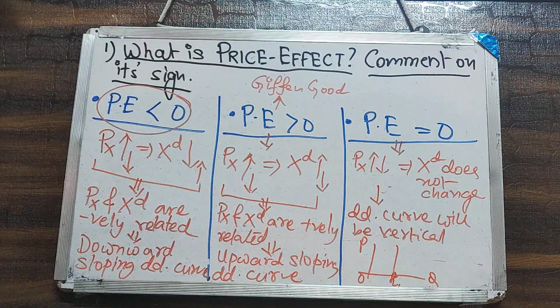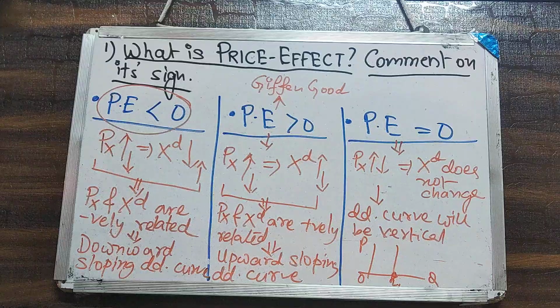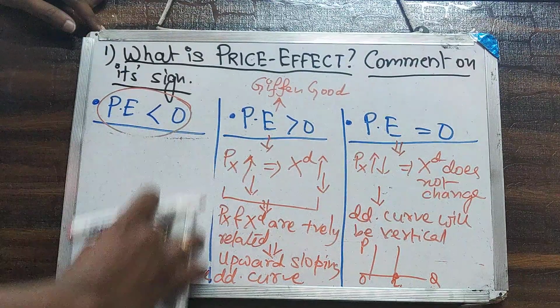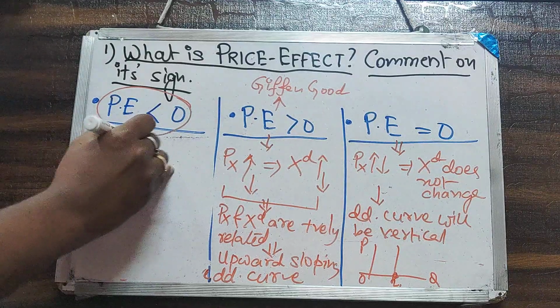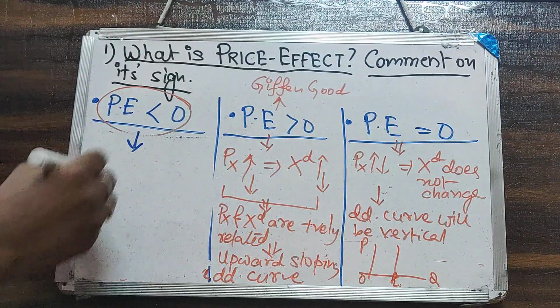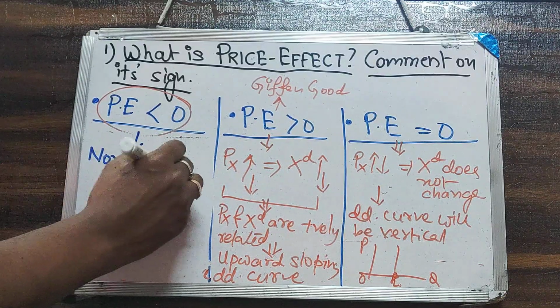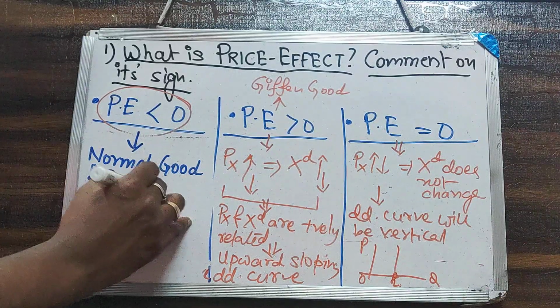In case of normal good or inferior good. See, we are only considering price demand curve and not income demand curve. So price effect will be negative in case of normal good and inferior good.